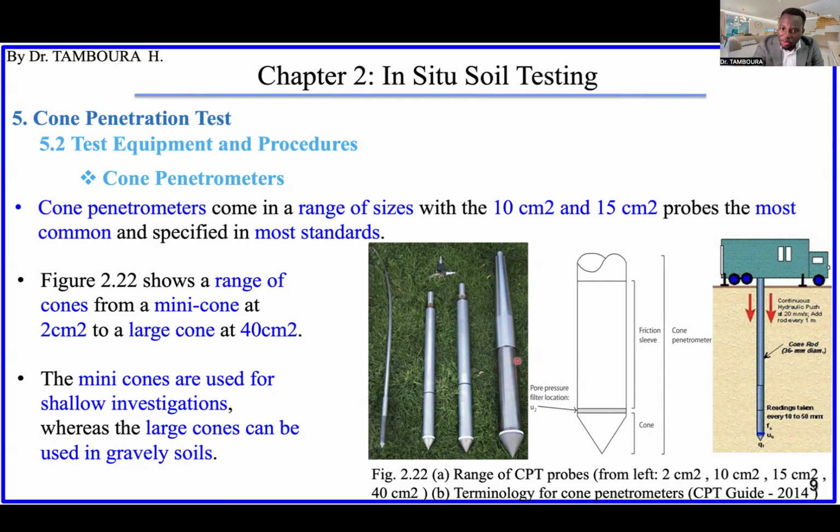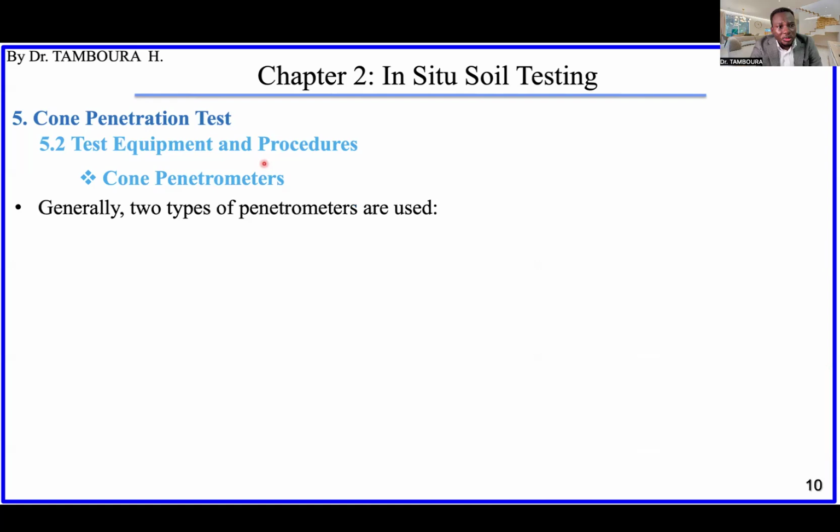So we use this big one, the large one, for gravelly soil. Okay, this is penetrometers. For these penetrometers, we have generally two types.